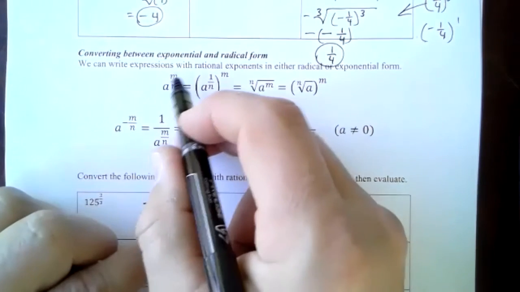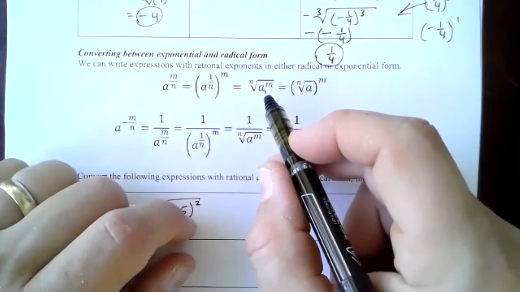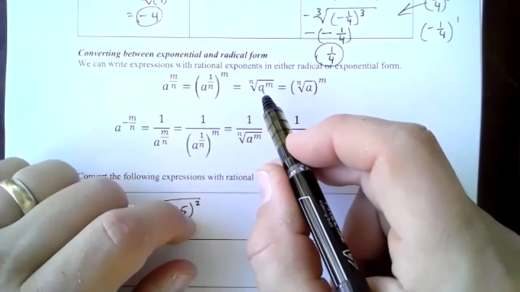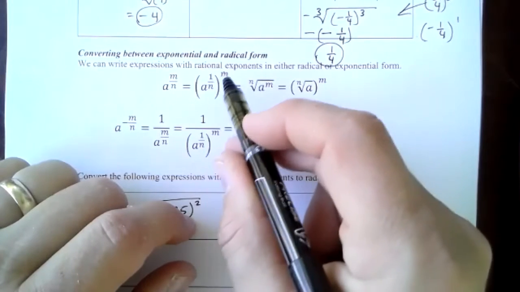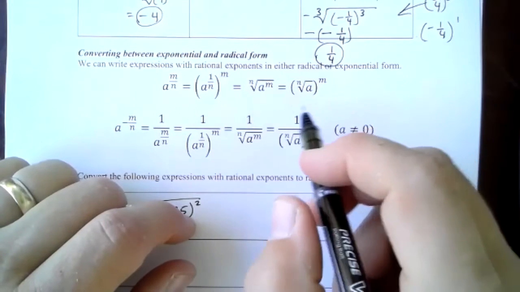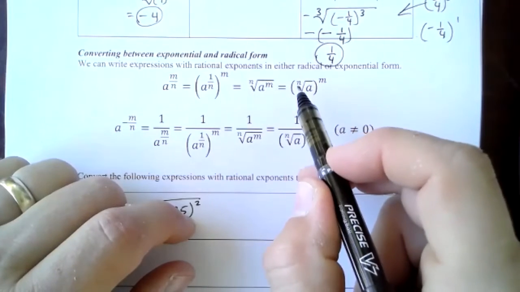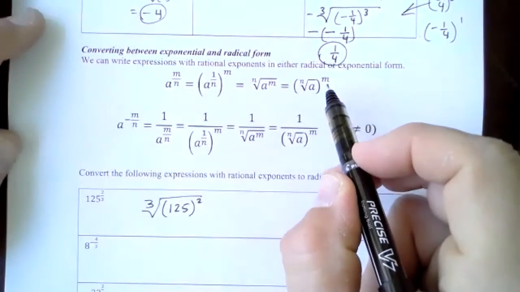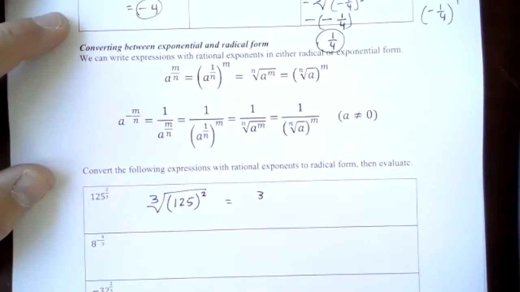In other words, the m is brought out. If it's 1/n, then that's going to be the nth root of a, but it's the nth root of a to the m power, because a is raised to the m power as well. So in this case, we have the nth root of a to the m power. You could write it out like they're saying here.